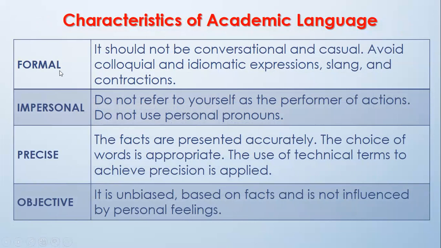So please take note of the characteristics of academic language. We have formal, impersonal, precise, and objective. When we say formal, it should not be conversational and casual. Avoid colloquial and idiomatic expressions. Why? Because not all people are familiar with the meanings of idiomatic expressions.